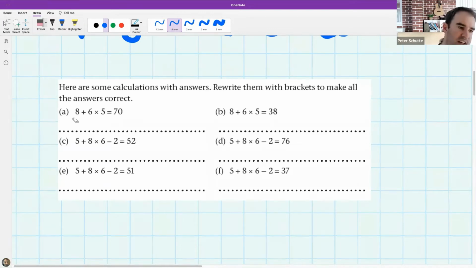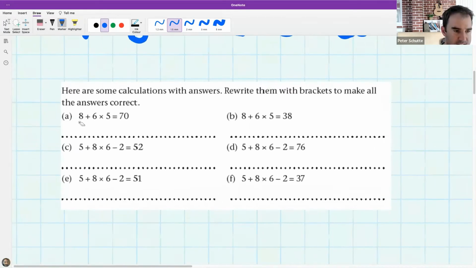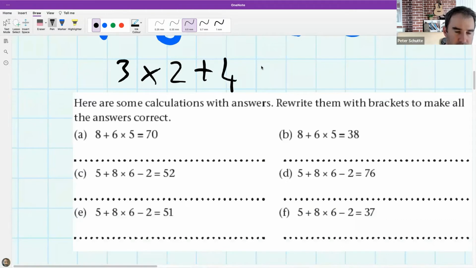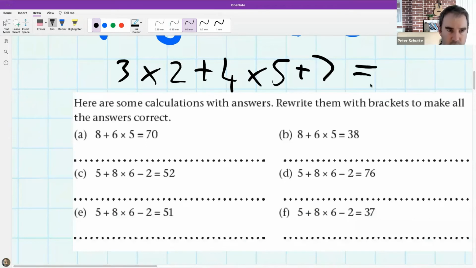So for example, here we zoom right in. Here we have pluses and we have timeses or multiplication symbols. Which one gets done first is an important idea, because if I give you this number sentence, times 5 plus 7, and I say to you, what is that equal to?